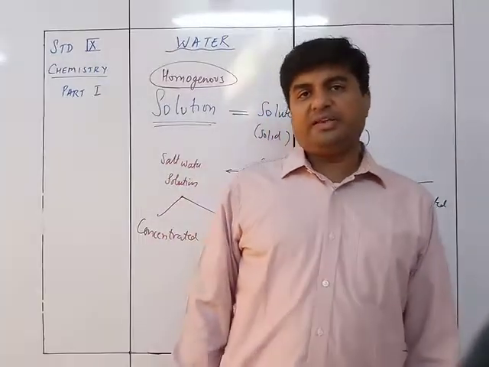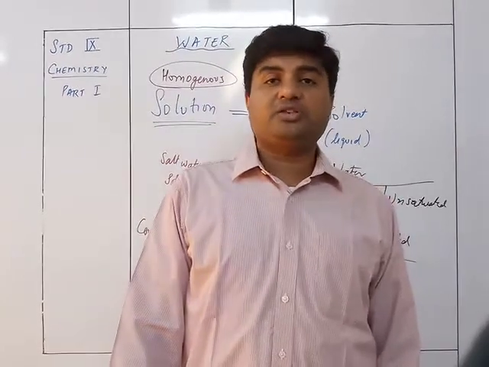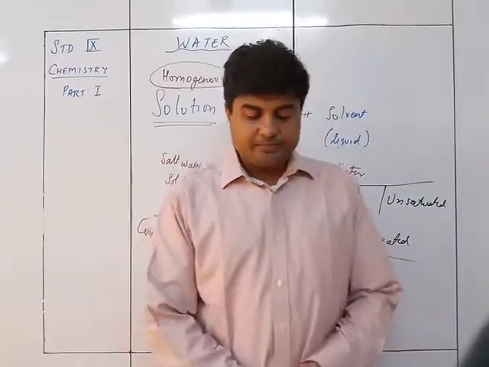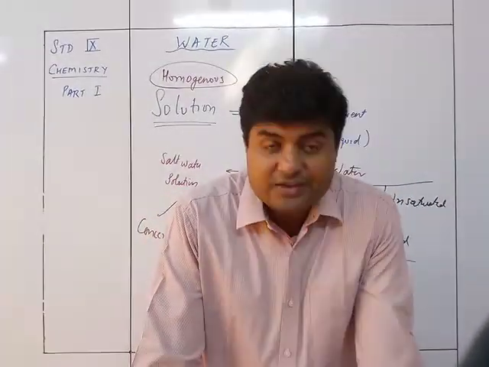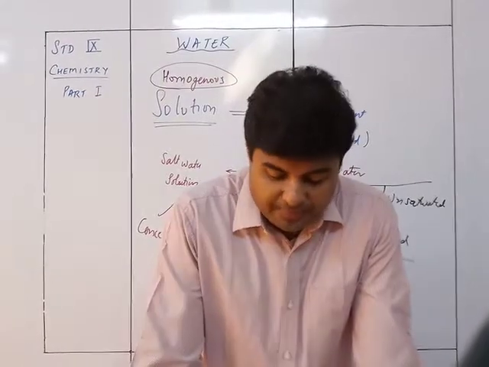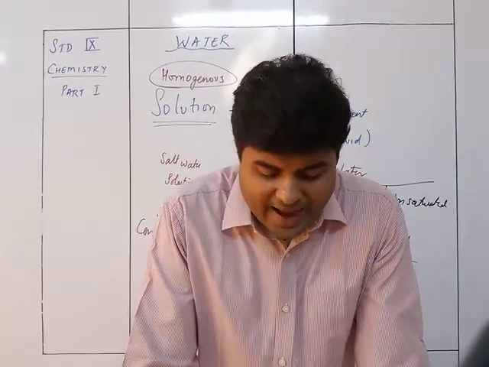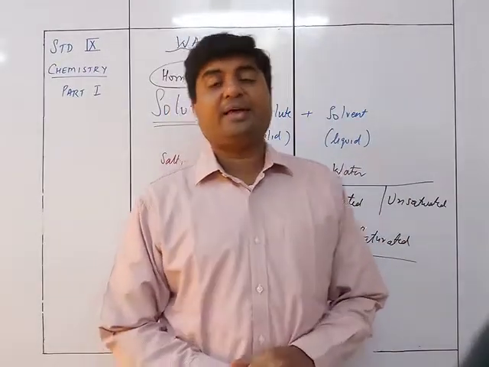So let's start with the definition. Solubility of a solute in a solvent at a particular temperature is the maximum amount of solute in grams that will saturate 100 grams of solvent at that temperature.